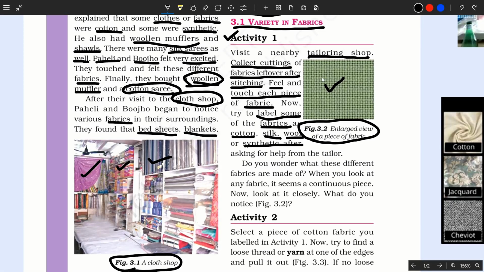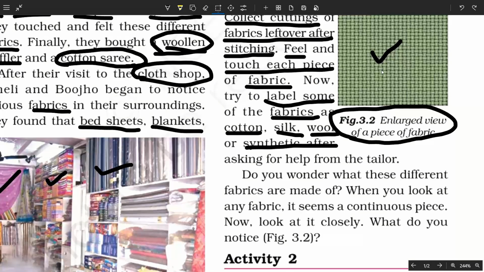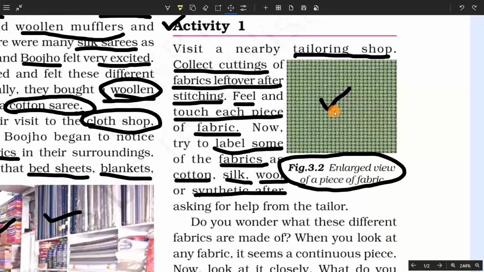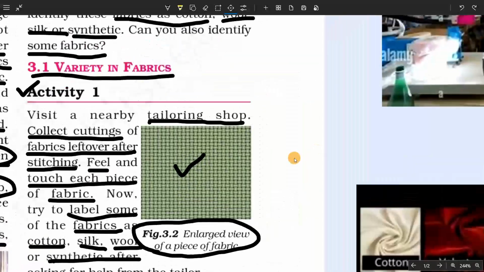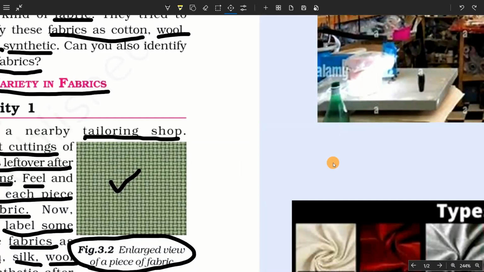They were observing the piece of cloth closely. Here you can see they were closely observing it. You can also observe it. I will show another picture of it.